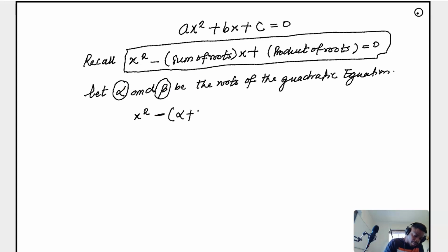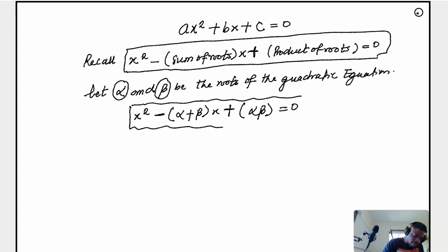So alpha plus beta x plus the product of roots, which means alpha times beta, which is alpha beta, is equal to 0. So now we have this based on assuming that our alpha and beta are the roots of the equation.